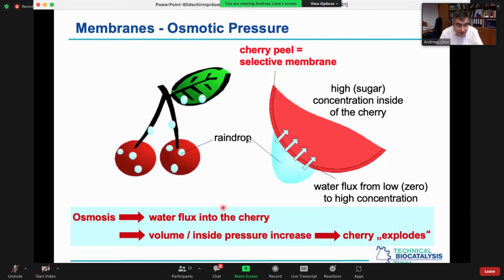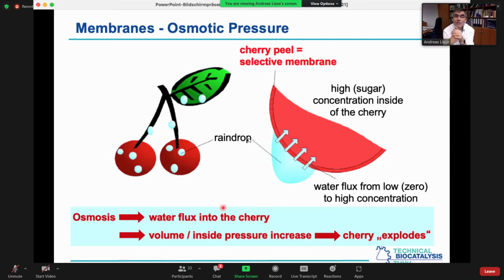Good. Last minutes, very shortly, membranes. You know cherries. The sun gets warm, it's raining, the cherries become big, and at some point they explode. The fundamental knowledge there is that on the outside of the cherry we have a selective membrane.